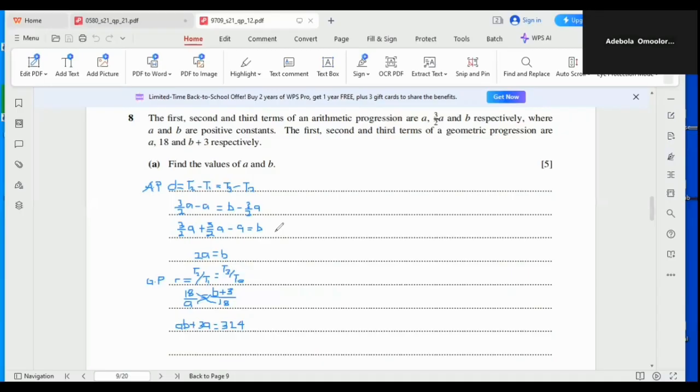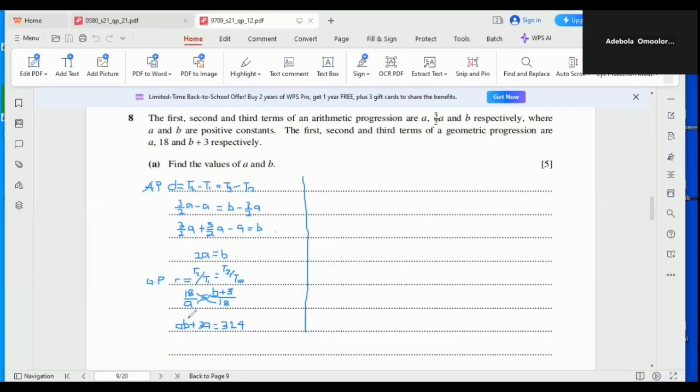This here is our first expression, 2A is equal to B. This here is our second expression, AB plus 3A is equal to 324. Now we can substitute for B into this equation. I'm doing it in the same space so I don't have to keep scrolling away.